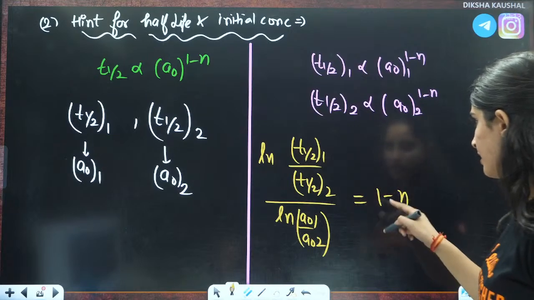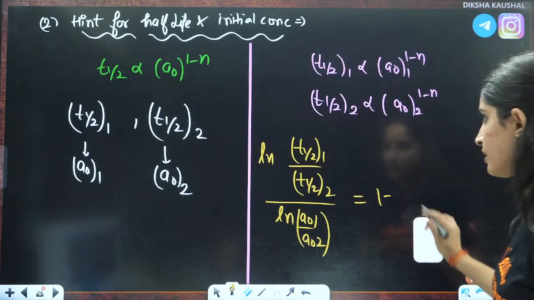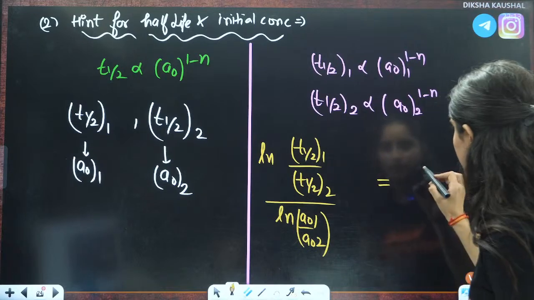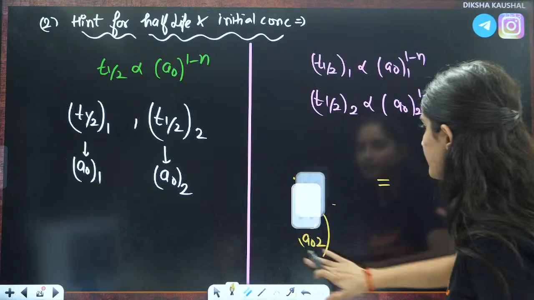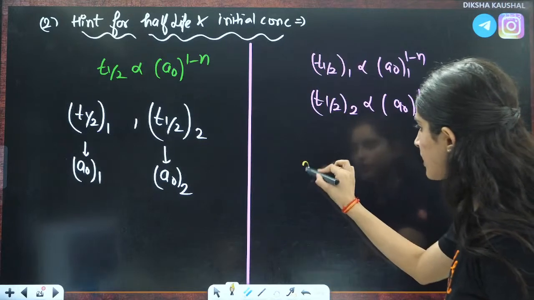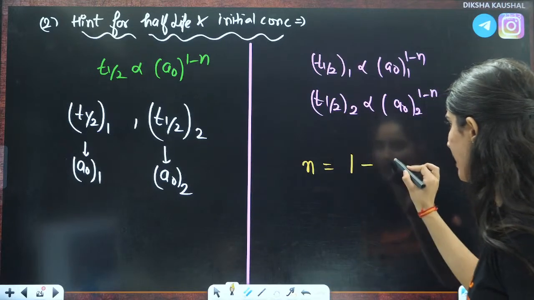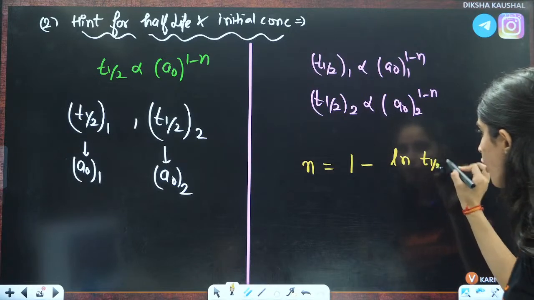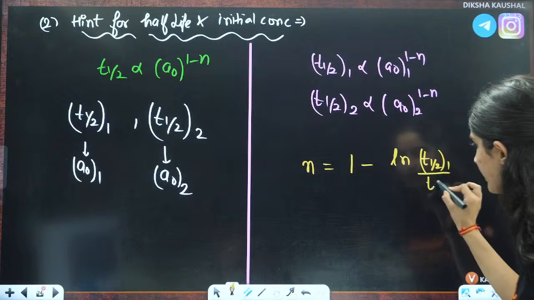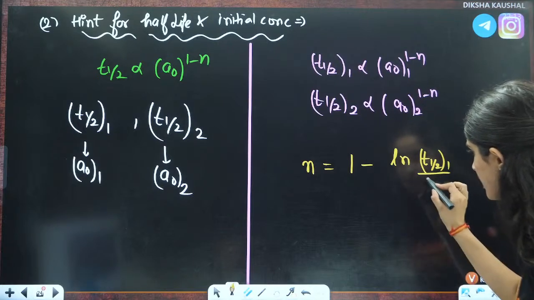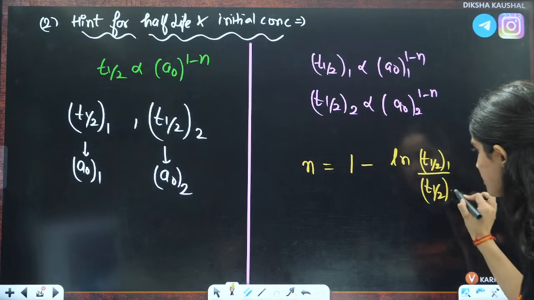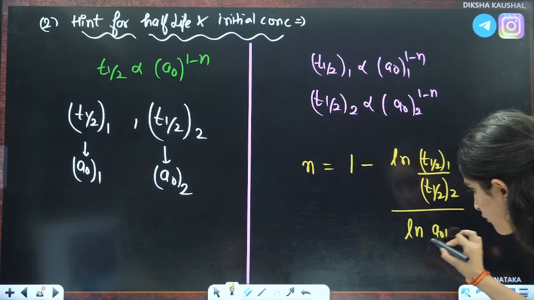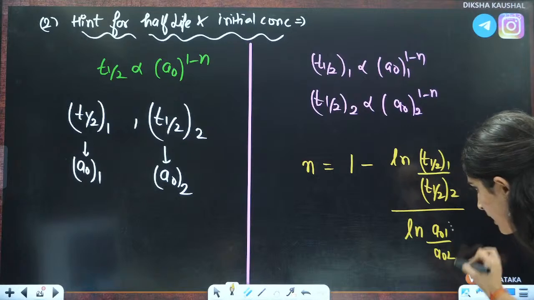The answer will come out to be n is equal to 1 minus natural log of T half of first condition divided by T half of second condition, divided by ln of initial concentration of first condition by initial concentration of second.